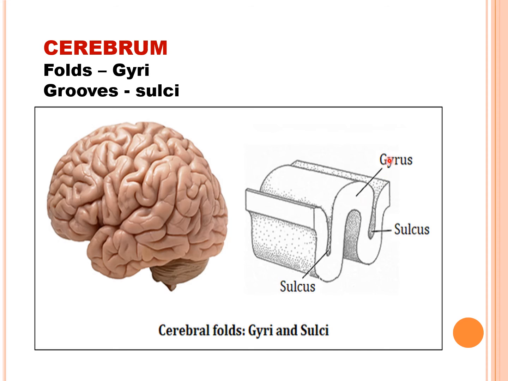Singular is gyrus, plural is gyri. Whereas the grooves, that is, you can see these depressions which are present in the brain, are called the sulci. So here you can see the depression which is created because of the fold is the sulci. Singular is sulcus and plural is sulci.